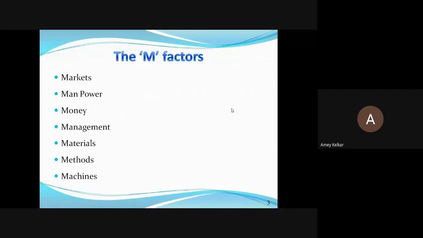Here are the 7 factors which I have listed, which will have an impact on economics as well as finance. Let us start with the first factor, which is market. Will anyone like to share their ideas? How is market important? Let us talk with respect to the civil industry.